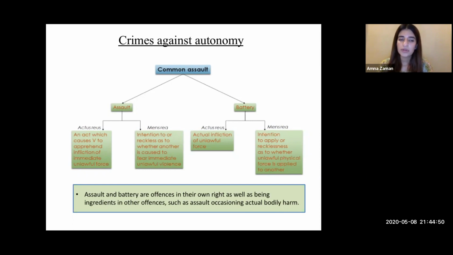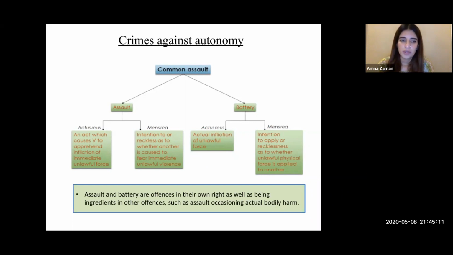The second important aspect about these two crimes is, for crimes of violence, consent will never be a defense. However, for crimes against autonomy, the victim's consent will in itself be a defense. So absence of consent is an essential element for crimes against autonomy.